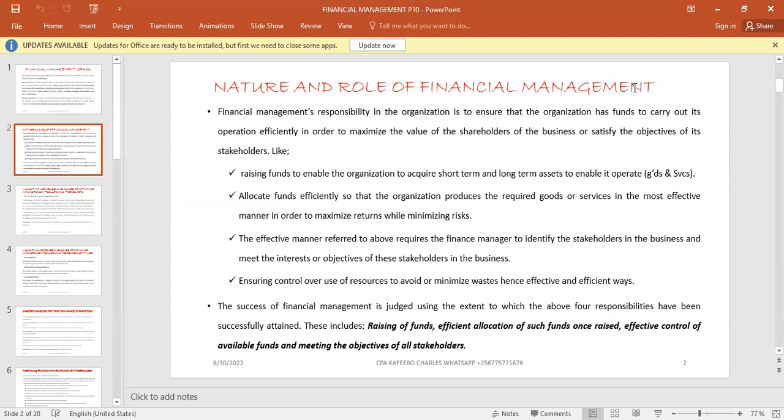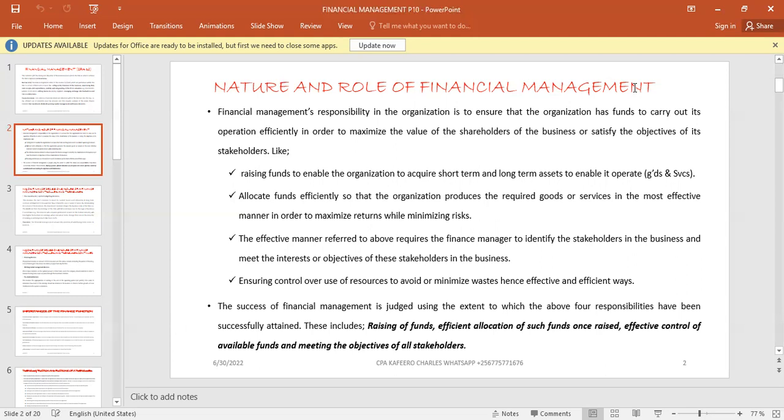What we are trying to look at when we are allocating these resources is that we allocate the resources to those assets that can make sure we produce the goods that are needed within the market. We maximize our returns. And remember, the main aim of why someone wants to engage in business is to make profits. Those ones we are going to look at as we see the objectives of the business.